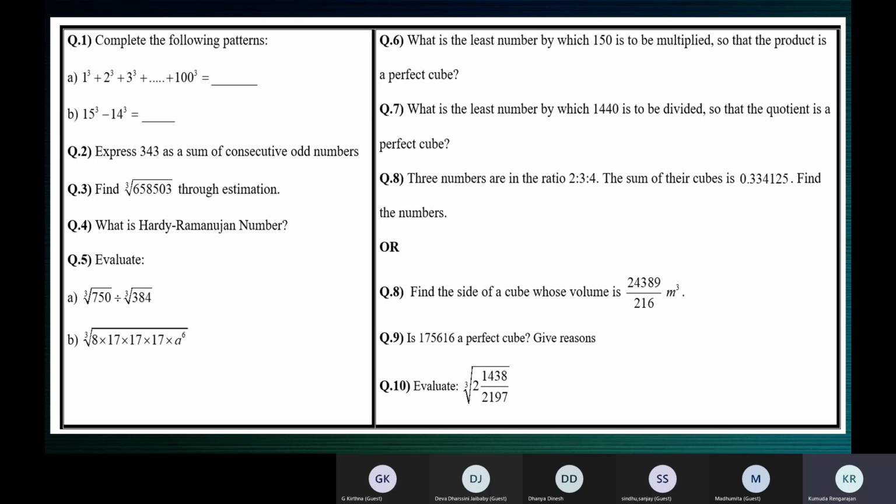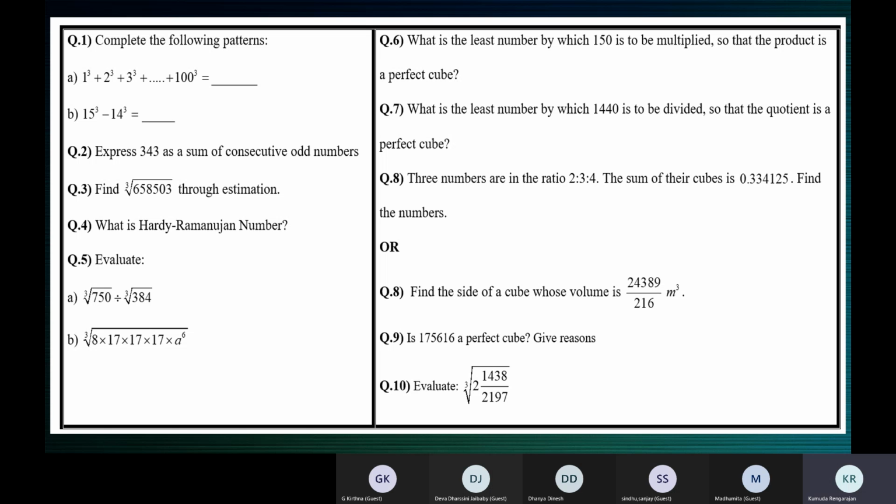We still need to understand those. Work 5A and B, children. Six also we can try. 7, 8, 9, 10.